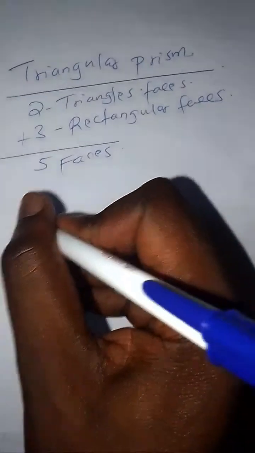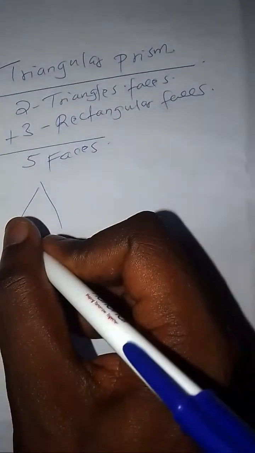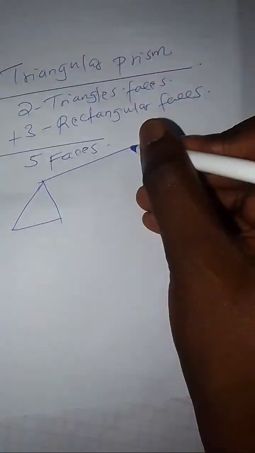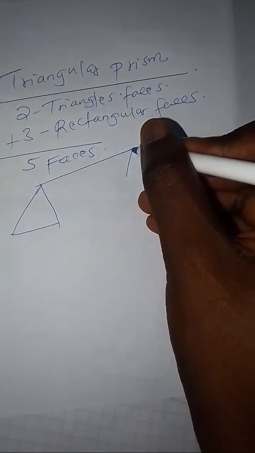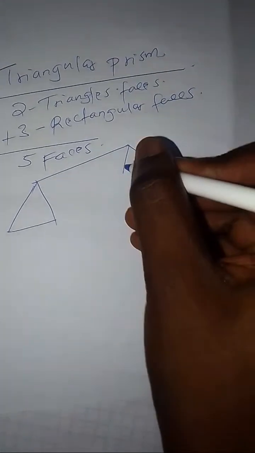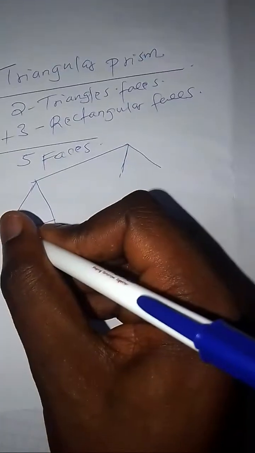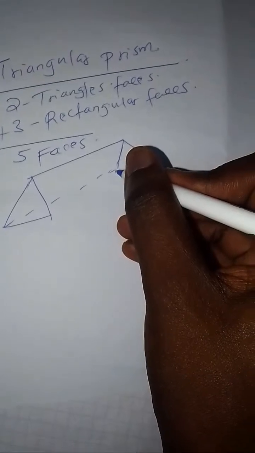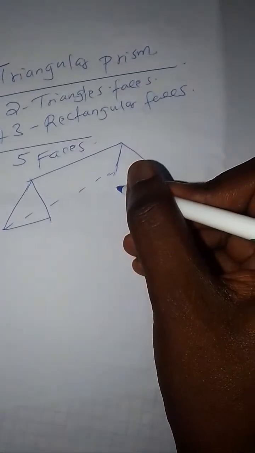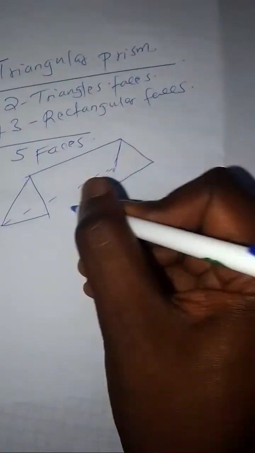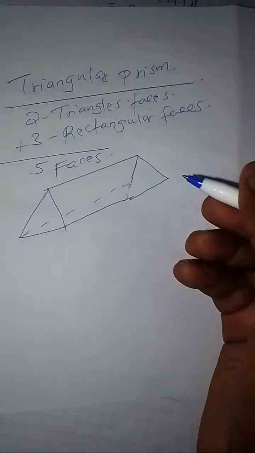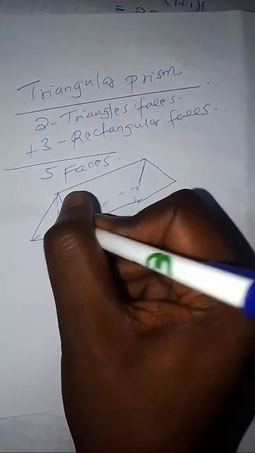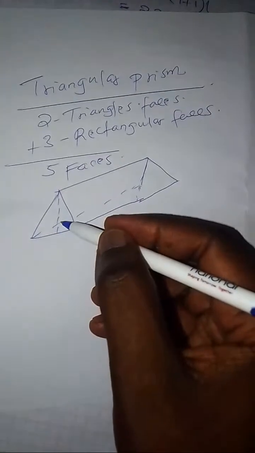So this is how a triangular prism looks like. Here we usually have the height.